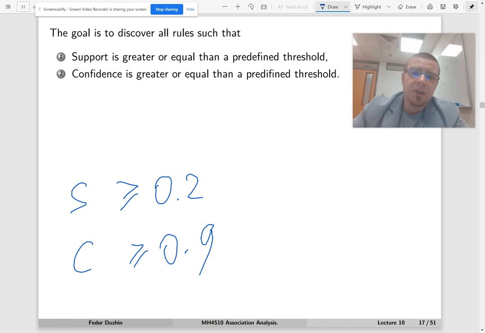Now, it would be interesting to find all the rules whose lift is very large, but there is no algorithm for that. We can only extract all the rules whose confidence is bigger than a predefined threshold, and then out of those rules, we can measure their lift and find those whose lift is very large.